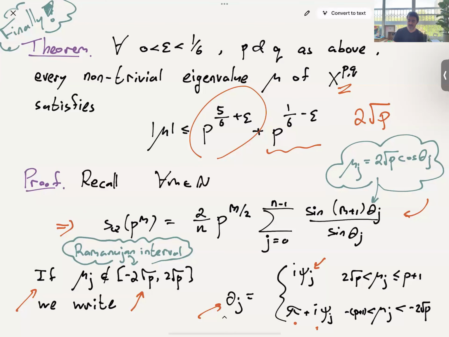Right, so psi j is always between 0, we assume it's strictly larger, and up to ln of square root of p. Okay, so we want to bound psi j really, and from there we're going to remind ourselves how we bound mu also, but really, that's the point.